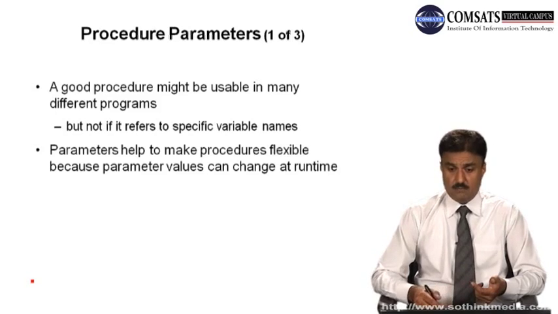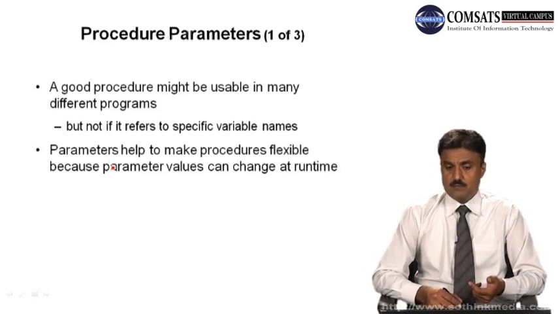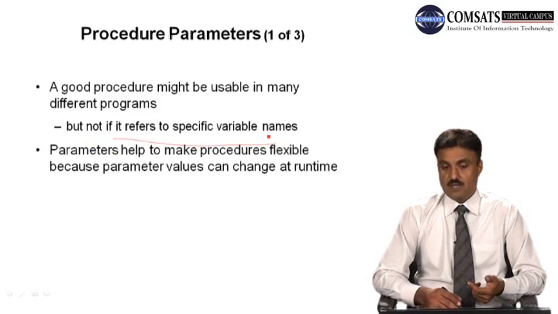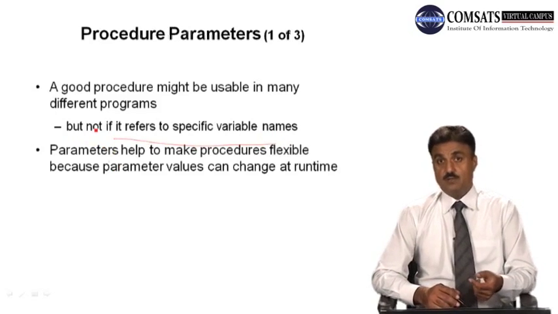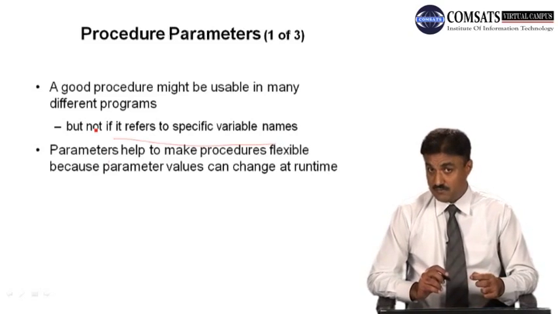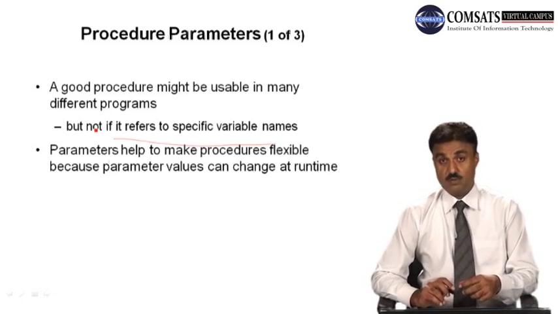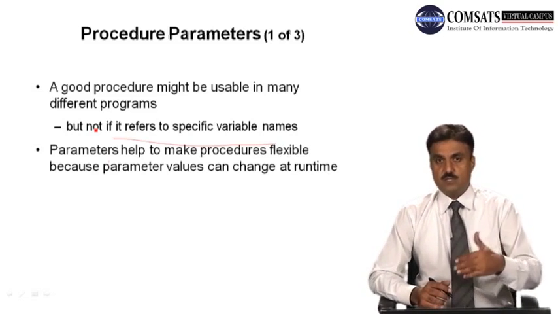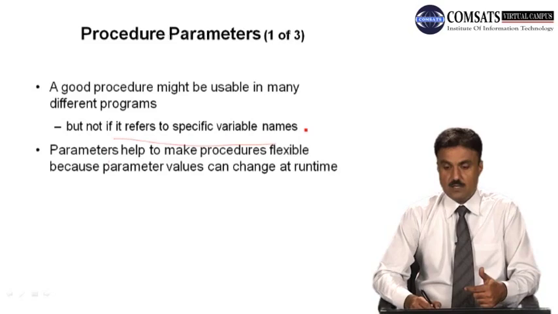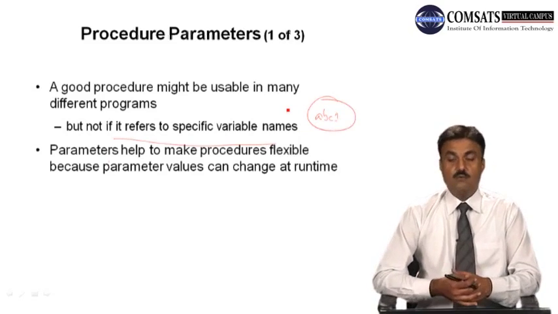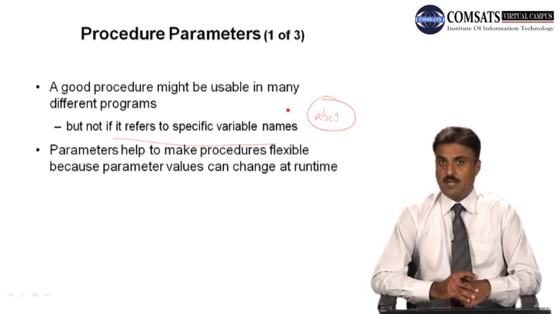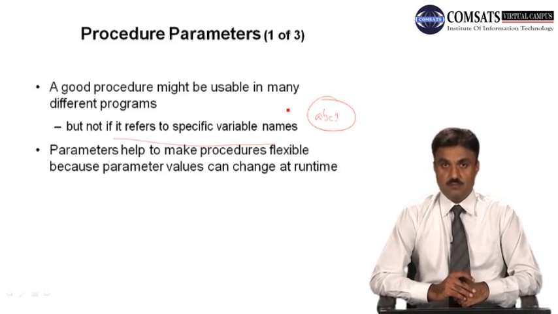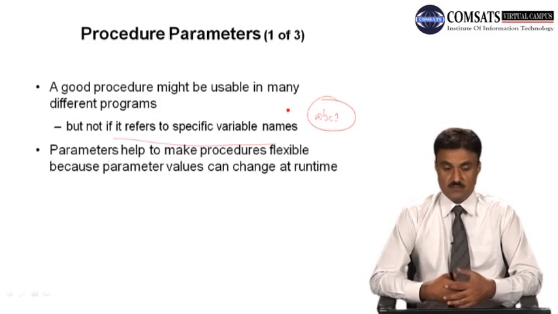But they cannot use those procedures if they refer to specific variable names. This is the most important thing. Now, for example, if this procedure refers to a specific name like ABC1 as a variable, then it will be very difficult. So be careful. We will see the example.